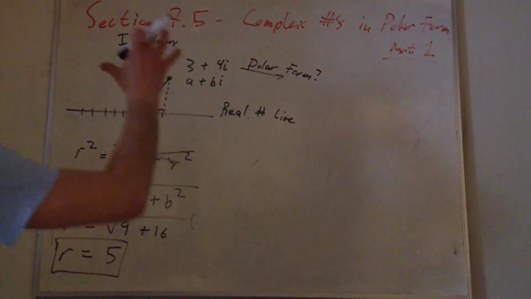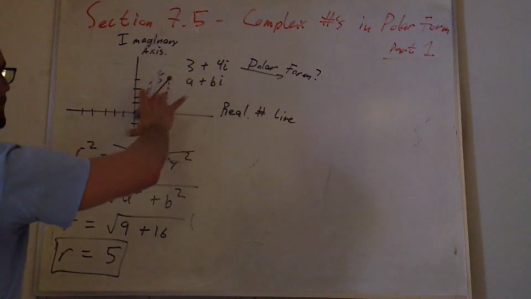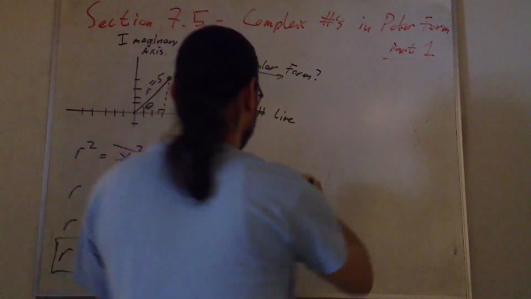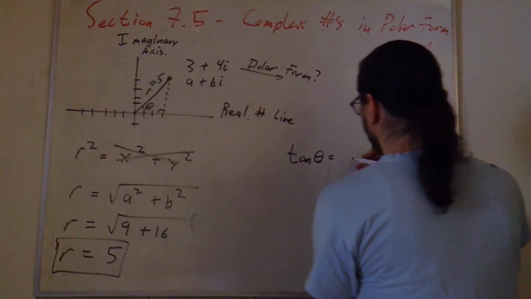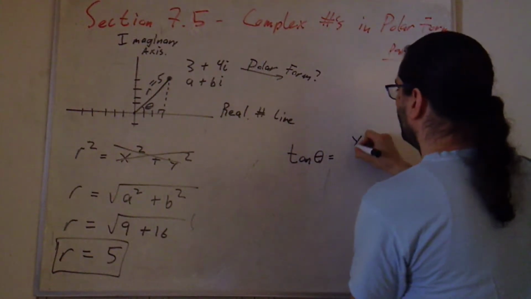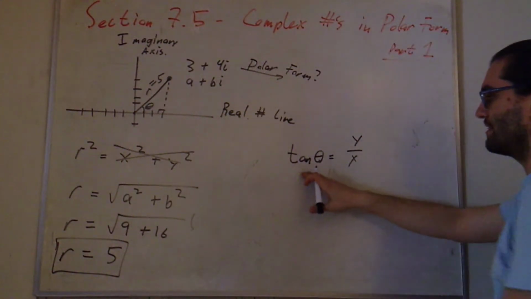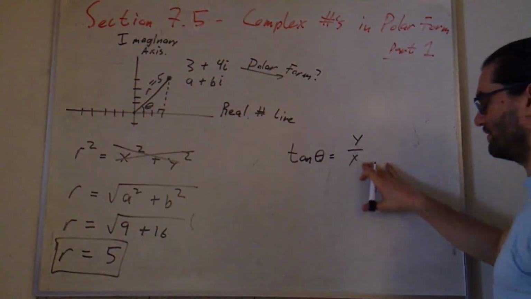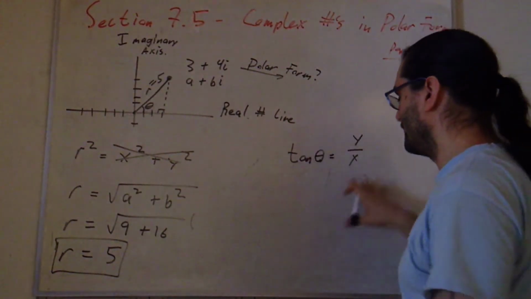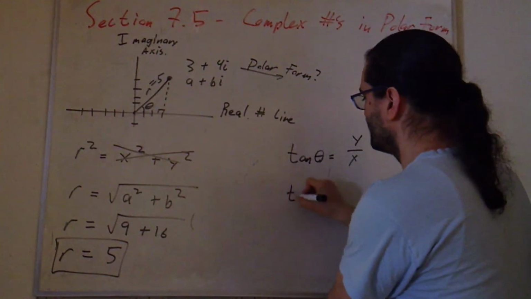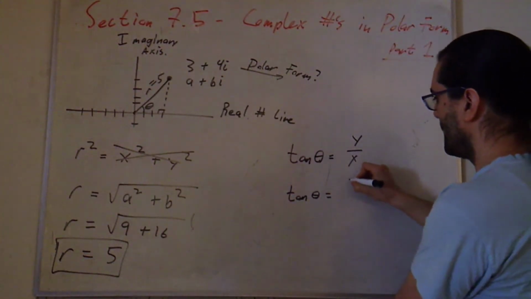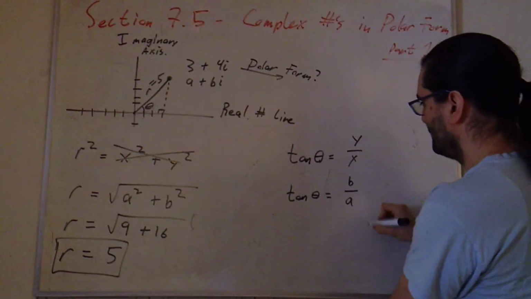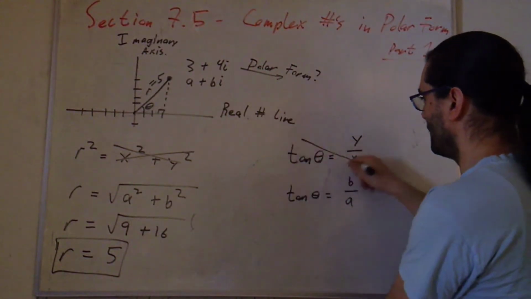So, we have our r, we need our theta. As usual, we have the tangent of theta equals, or in 7.3 we had this, the tangent of theta equals y over x. Here, we're going to say that the tangent of theta equals b over a, because again, we're not using x's and y's anymore.